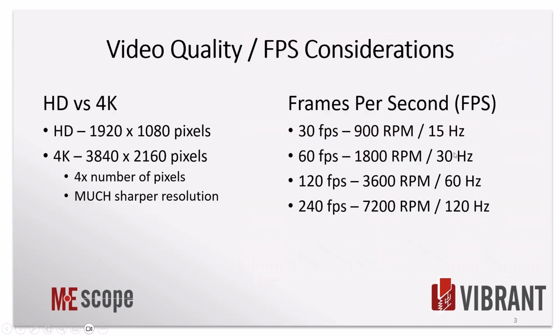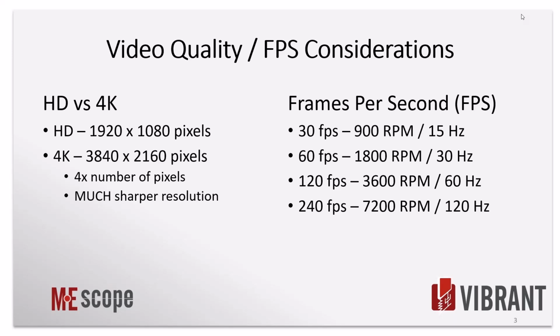Okay, so some things to consider here. Obviously, we talked about HD versus 4K in the phone, and then frames per second considerations. If you're looking at HD versus 4K, HD is 1920 by 1080, and 4K is 3840 by 2160. So double the number of pixels in each direction. Obviously, it works out to 4 times the number of pixels total for 4K. It's glaringly apparent when you look at video side by side between the HD and the 4K options that 4K is considerably sharper.